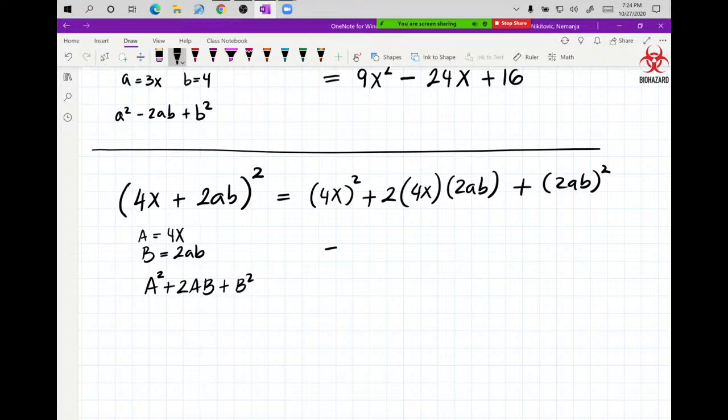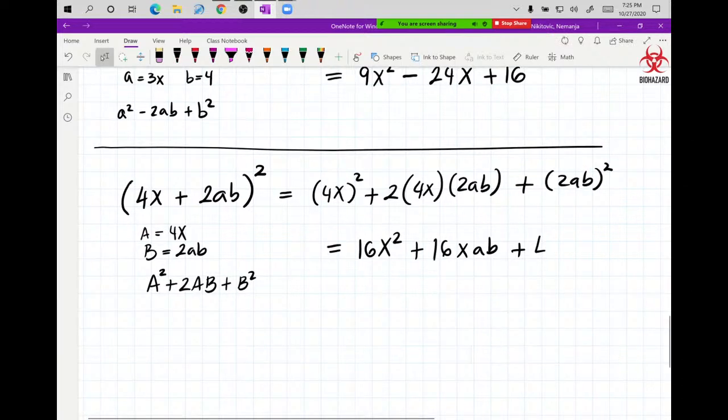And now we simplify this. 16x squared plus 16xab, or abx, I really don't care which order you put this in, plus 4a squared b squared.